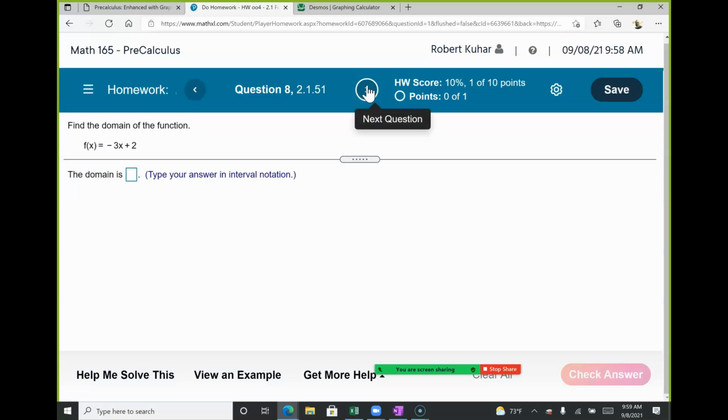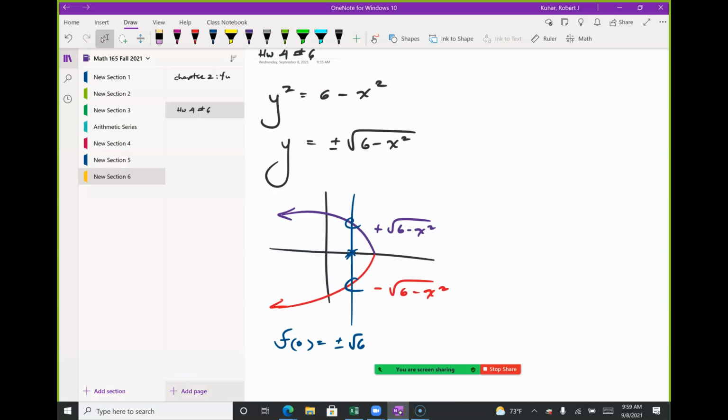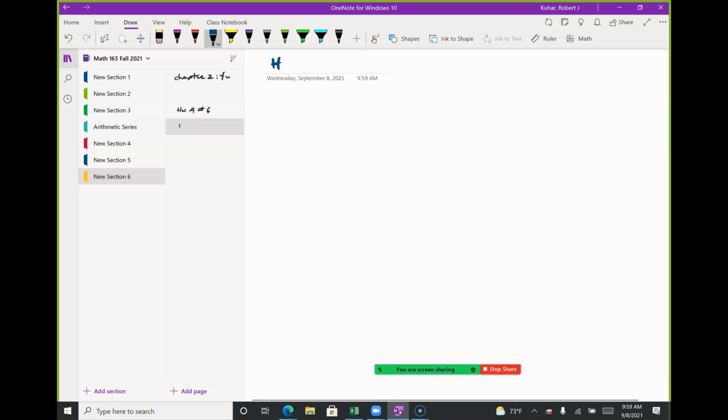What's the domain of this function? All real numbers. This is homework number 8: y equals minus 3x plus 2.